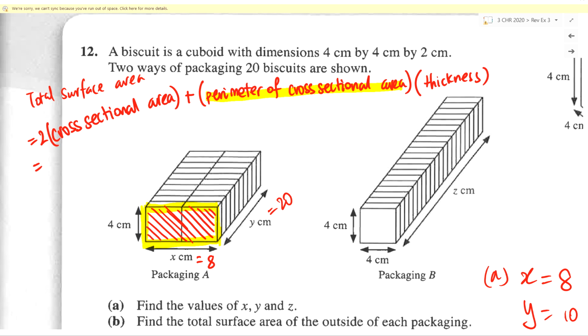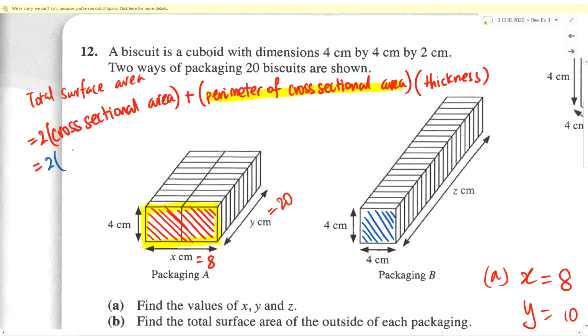So first thing, where is the cross-sectional area? Most likely, you will choose this square. So what is the formula for this area? 4 times 4. Okay, so we copy down these two over here. There are two faces, one in front and one behind. So that's where this 2 comes from.